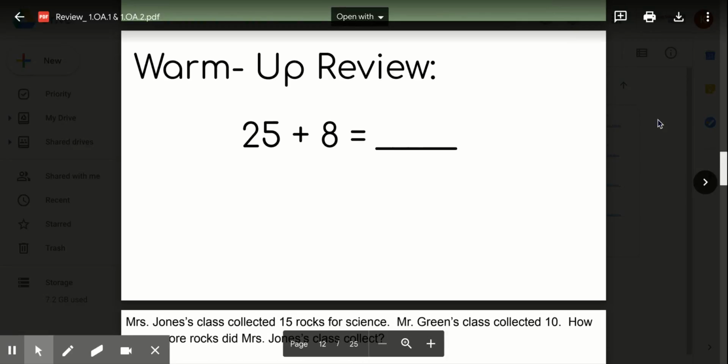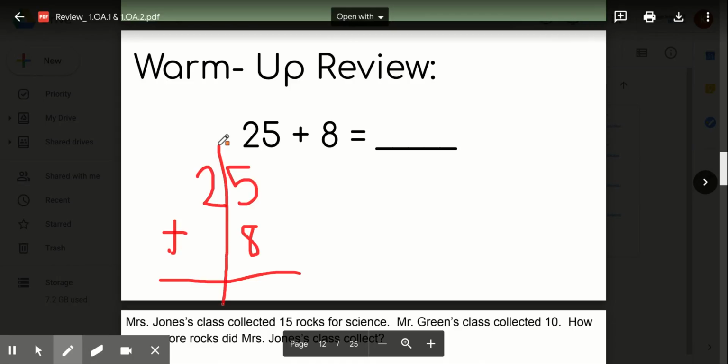First, we're going to get started with a warm-up. Our warm-up is 25 plus 8. Now, to solve this, I would stack the tens and ones on top of each other. So we have 25 plus 8. Separate our tens and ones and solve the one side first.